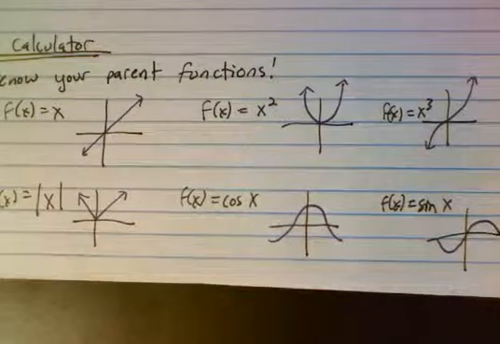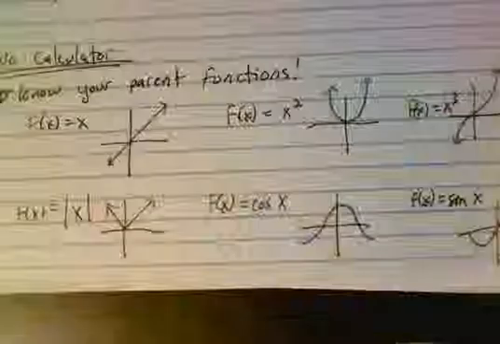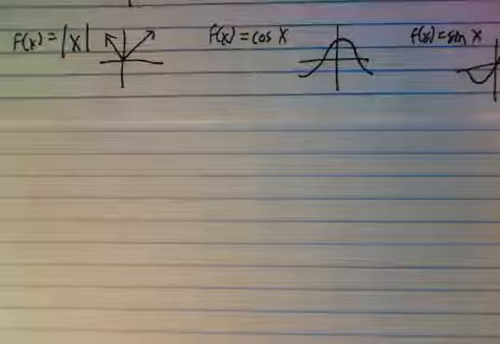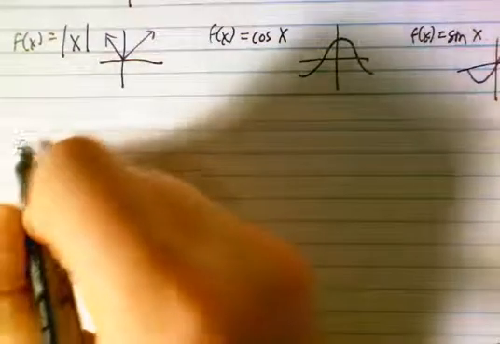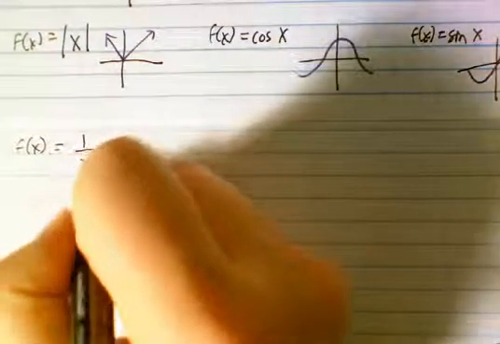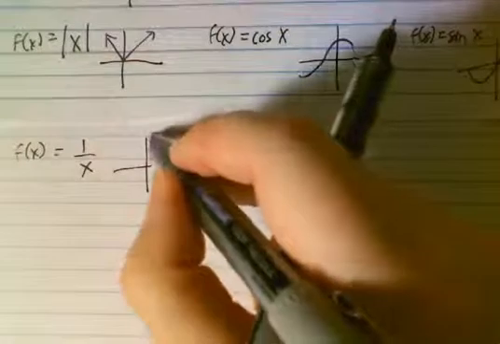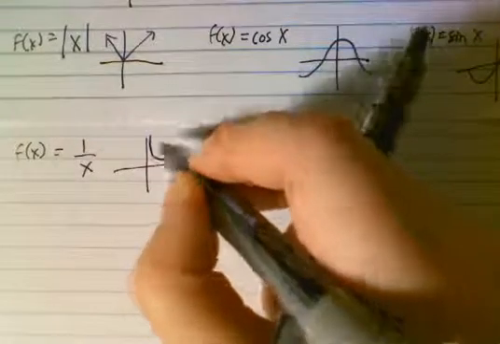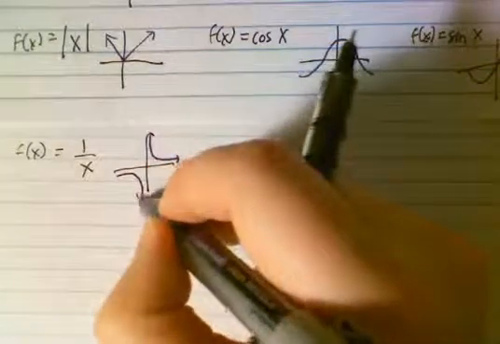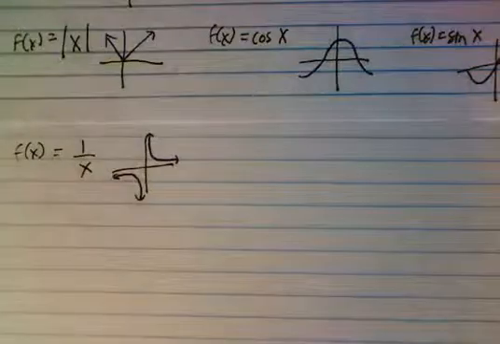That's going through the origin. F of x equals 1 over x. And that looks like that.